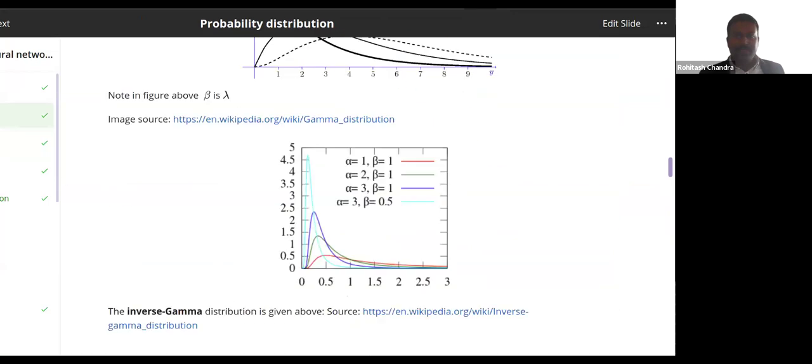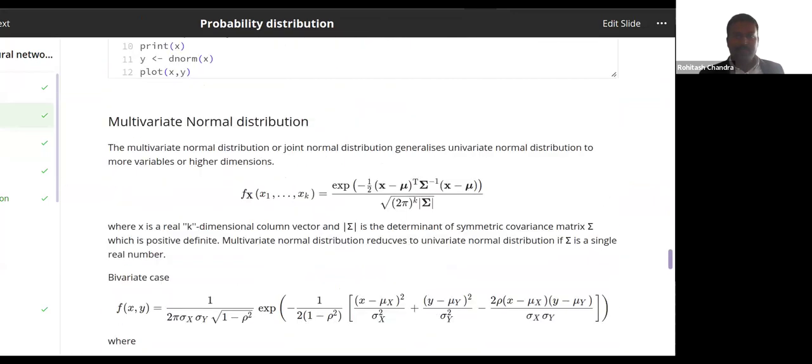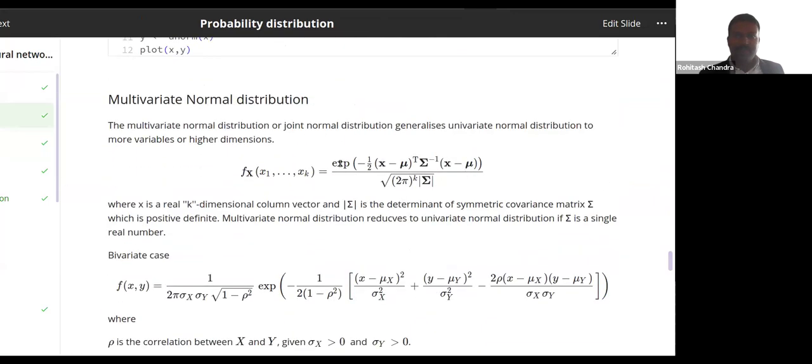Going back to the multivariate normal, you can see there's an EXP, and we are taking the log of that EXP, so that cancels out.